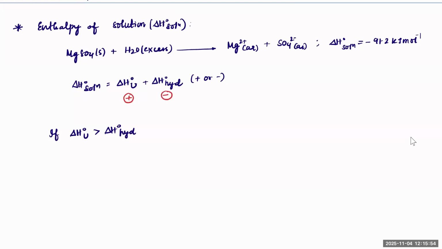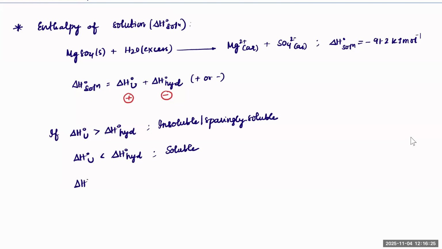In that case, it is an insoluble or sparingly soluble salt. Next, if delta H naught of lattice is less than delta H naught of hydration, then it is a soluble salt.